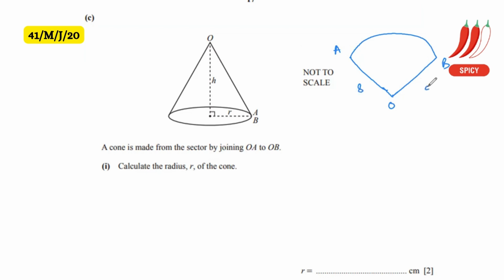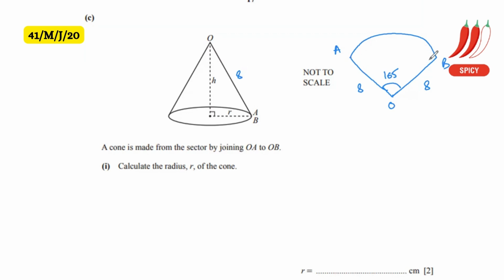And this was 8, this was 8, and this was 165. So if you're joining OA and OB, your slant length over here is 8, because that was the length of OA. The other thing is that we found the arc length, which was 165 divided by 360 times 2 pi r.